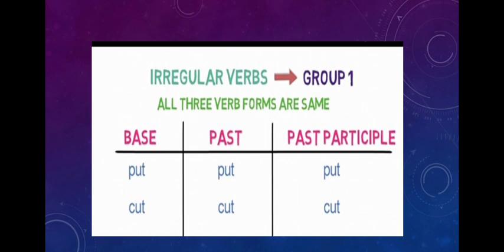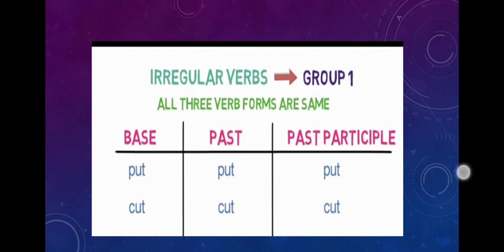So here, for example, I've given you two examples. Base form, we have the word put. In the past it is also put, and even the past participle is put. Okay, so that's why it is called in group 1 all three verb forms are same. Similarly, the second example, cut, cut, cut. This is group 1 type of irregular verbs.